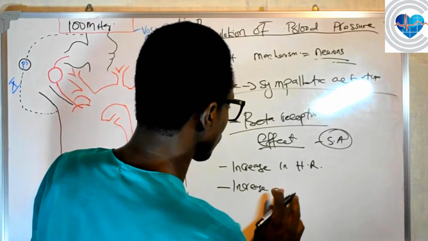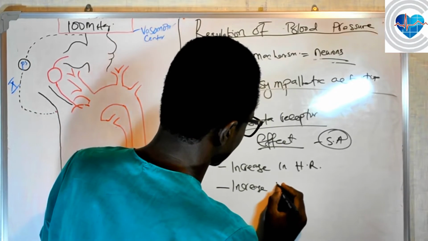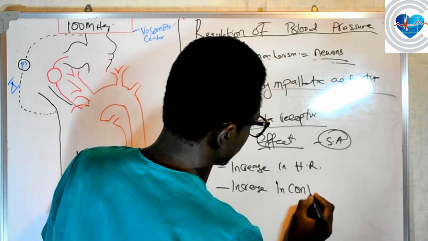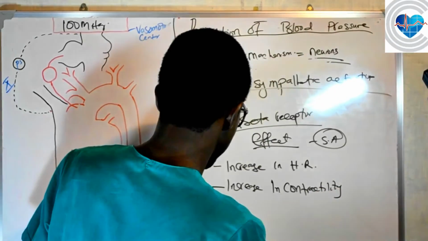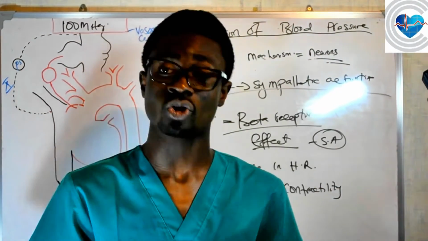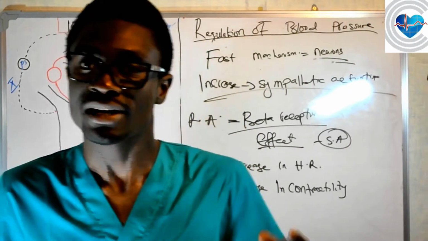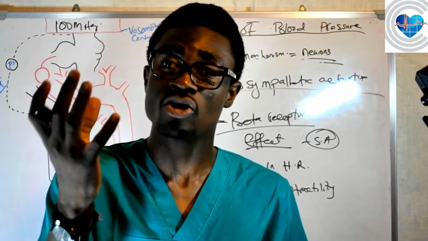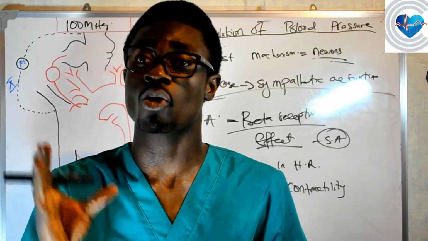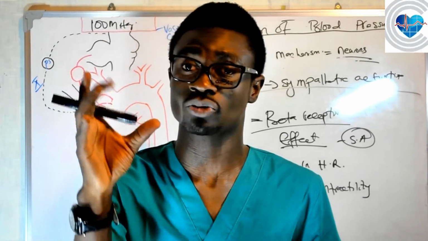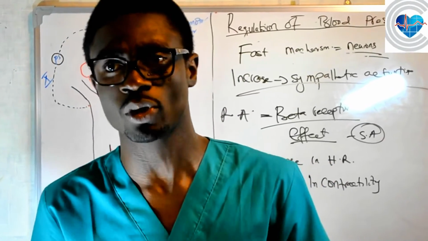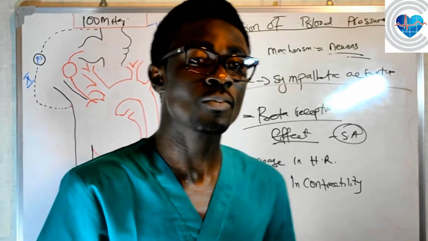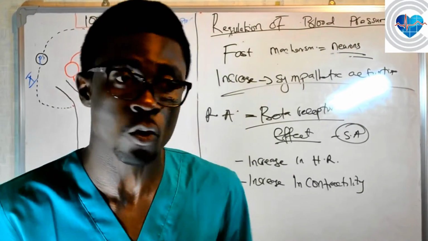There will be an increase in contractility of the heart. And if there is an increase in contractility, it means as the myocytes of the heart are contracting, the rate at which they eject blood increases. So there will be an increase in stroke volume, guys.